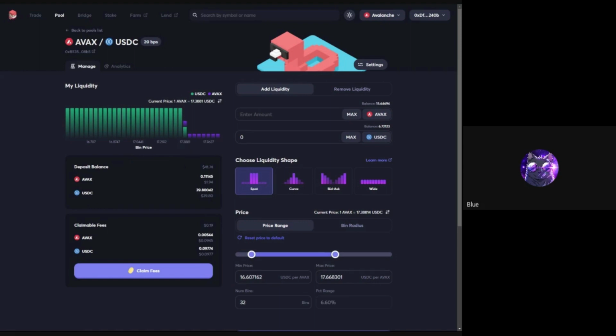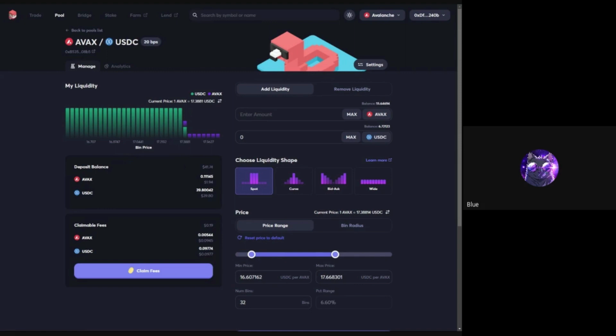I know AVAX isn't going to just rocket up consistently day after day. Sometimes AVAX will also have a slight retrace. And my liquidity strategy here with this shape is to basically accrue trading fees with most of my stables that I've deployed into it on any sort of retrace that happens to AVAX.